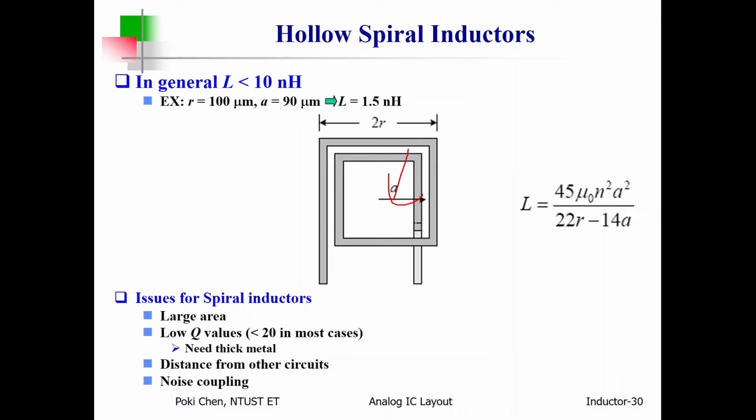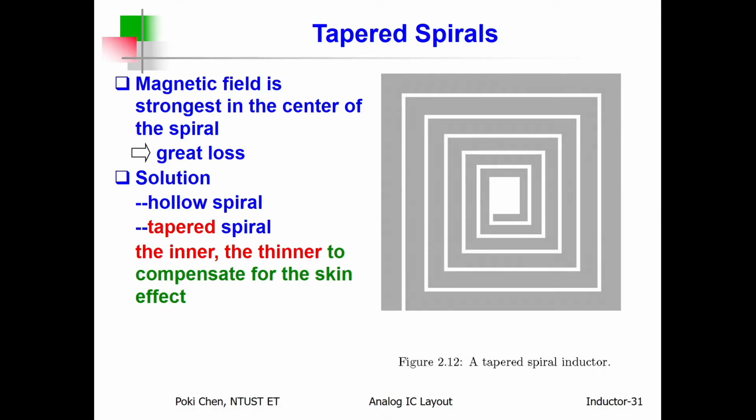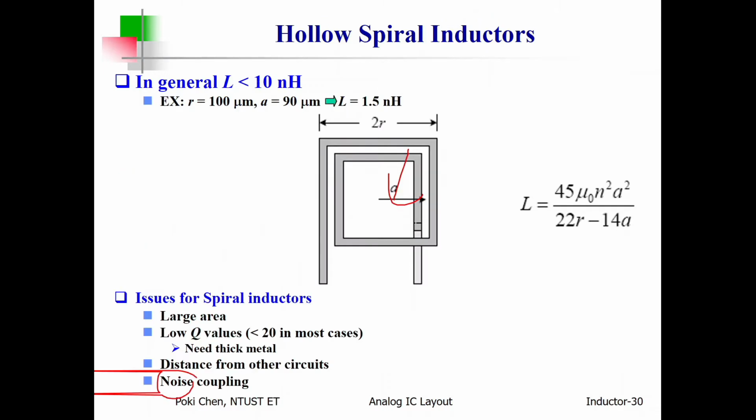It will cause a lot of disturbance in the substrate, but for the whole chip, everybody shares the same substrate, so you will cause a lot of noise coupled to the other devices or the whole circuit. Pay attention to that. Then allow me to show you, this is a very good idea. We call it tapered spirals. As I showed you moments ago, let's go back.